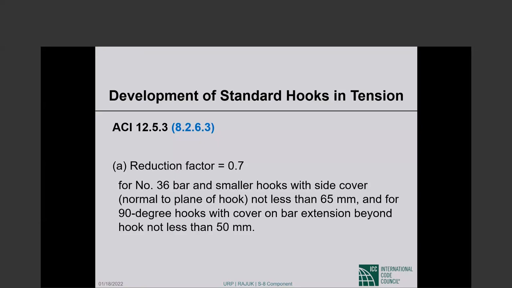So the hooked bar has to be no more than number 36 millimeters in diameter. That's the first thing. So for number 36 bar and smaller hooks with side cover not less than 65 millimeters, and for 90-degree hooks only with cover on bar extension beyond hook not more than 50 millimeters.